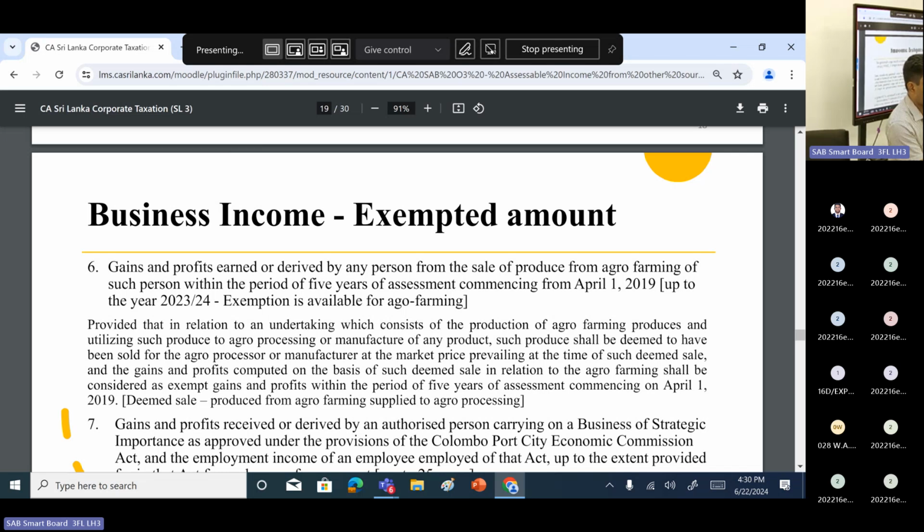Some may be directly attributable to one part, and that can be directly considered. For example, fertilizer is not related to the factory. That is for the farm, so we cannot deduct that expenditure from the factory or processing income. Say transport, that may be for both.